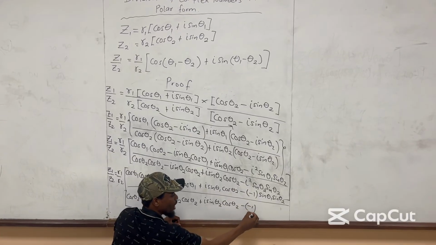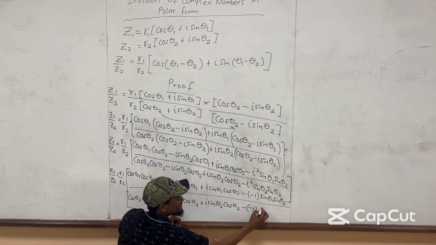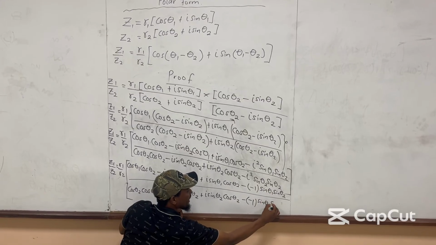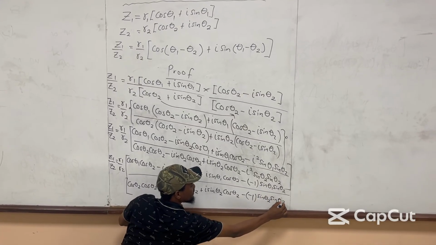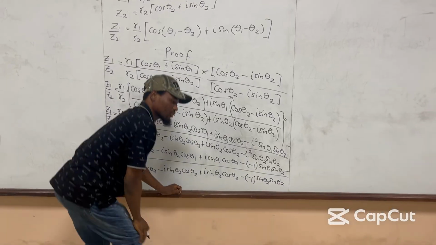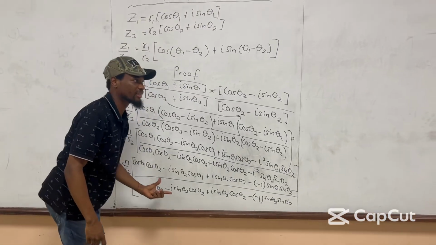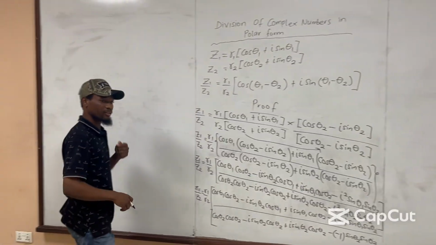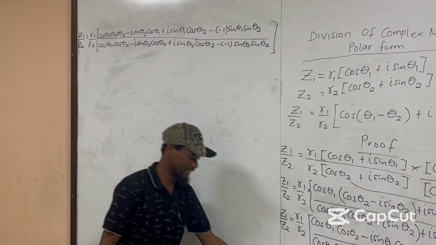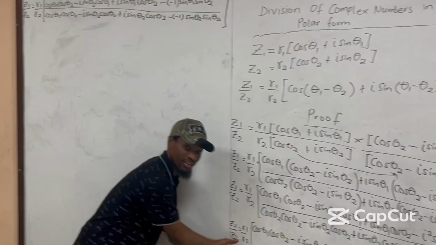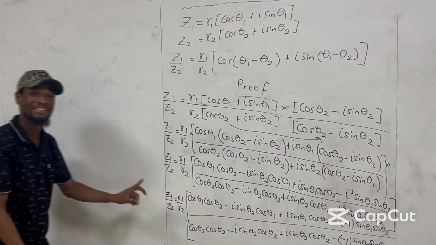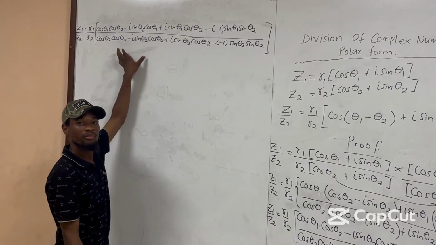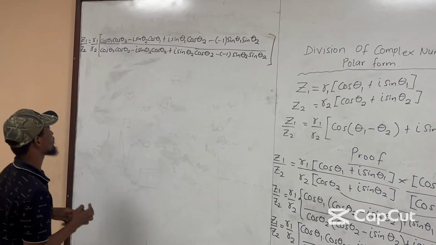So I have negative 1, then I have sin theta 2 sin theta 2. So viewers, for want of space, let's move on to this side. This expression is the same as that. I did that because of space, alright?